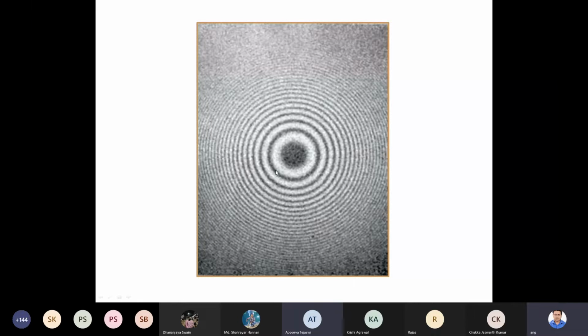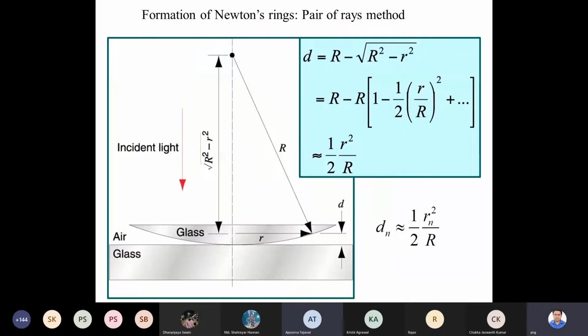Sir, can you please tell what is D here in this figure? Oh, okay. So D is the gap between this plano-convex lens and the glass plate, and which is a variable. So D equal to 0 where these two are touching. That means D is the thickness of lens? No. D is not the thickness.